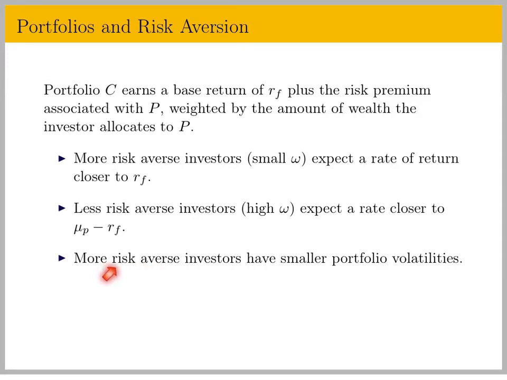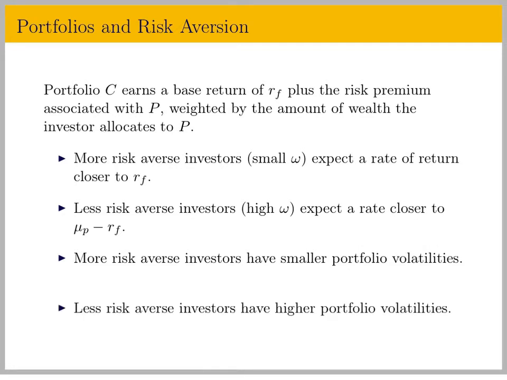Likewise, for small omega, those risk-averse investors will have very small portfolio volatilities because, recall, sigma C, when omega is small, will have a very small right-hand side here. On the flip side, for less risk-averse investors, when omega is very high, they will have much higher portfolio volatilities.